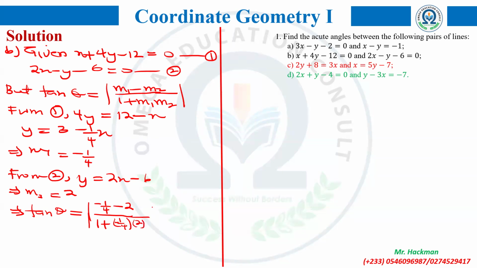All correct? Yes. Okay, so if you continue, we are going to get this tan theta. Your numerator, let's work on it. That will give us negative 9/4, because it will give us negative 2 whole number, 1/4. So we are going to get negative 9/4.